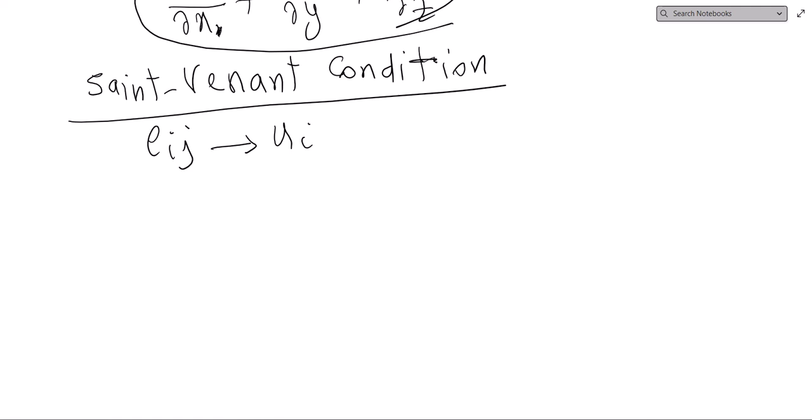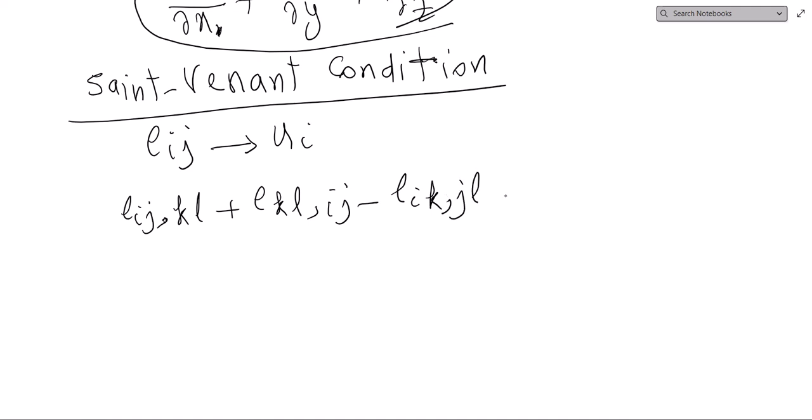And this, in a very abstract way, is given as an equation which is e_ij,kl, a double derivative, these are partial of course, plus e_kl,ij minus e_ik,jl minus e_jl,ik equal to 0.